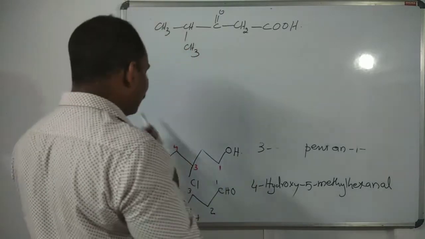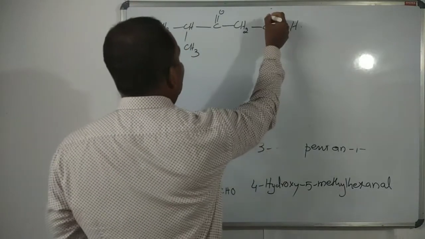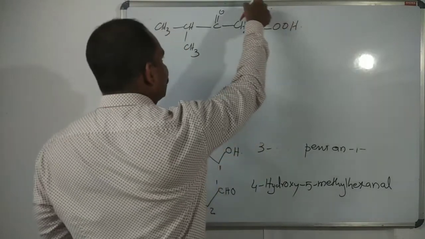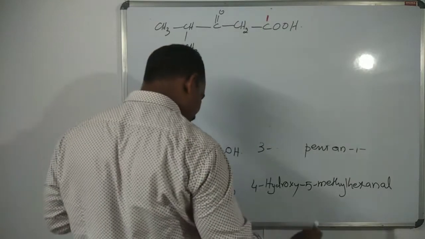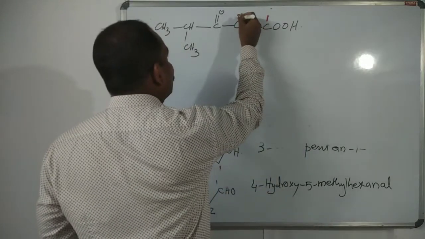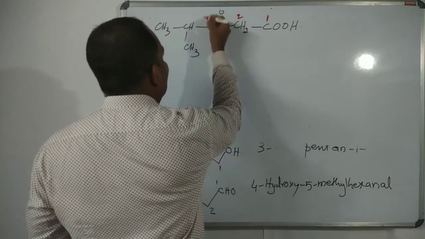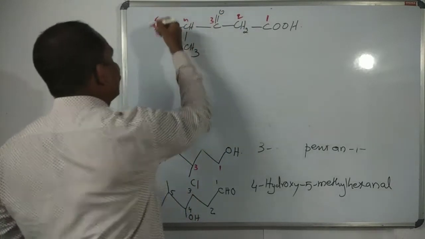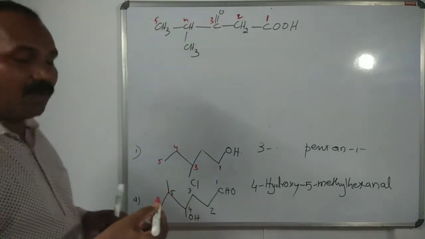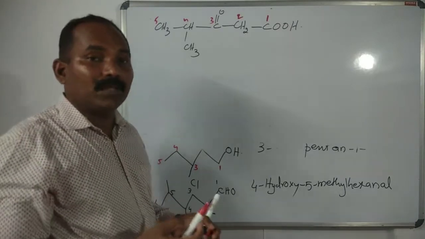So that carbon gets the lowest number. So 1, 2, 3, 4, 5.